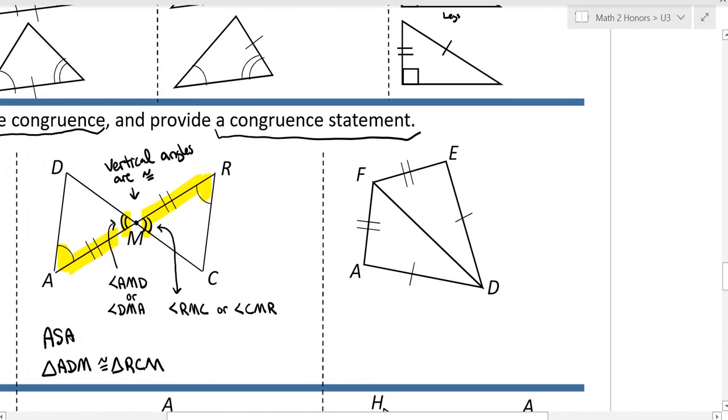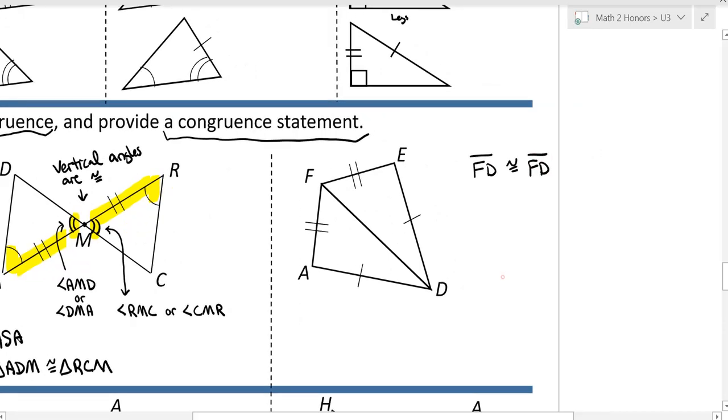Alright, this next statement here, notice we have 2 triangles that share a side. FD is in 2 triangles, and it makes sense that FD is congruent to itself.